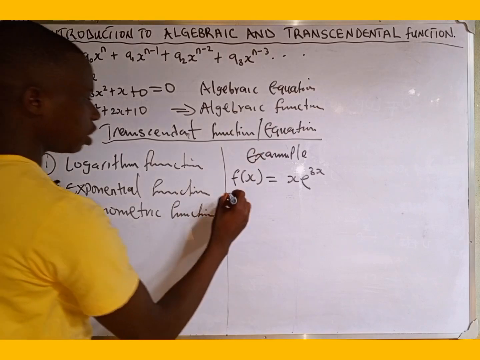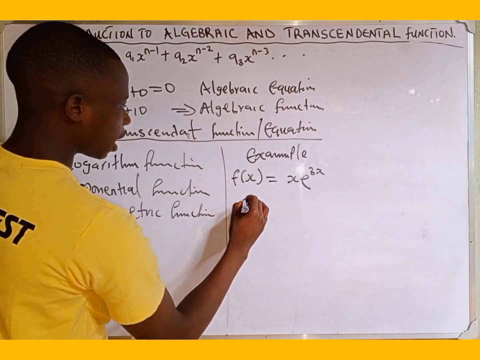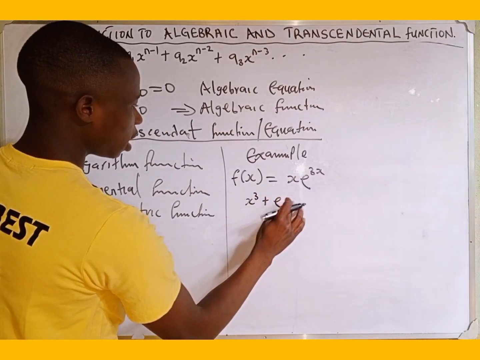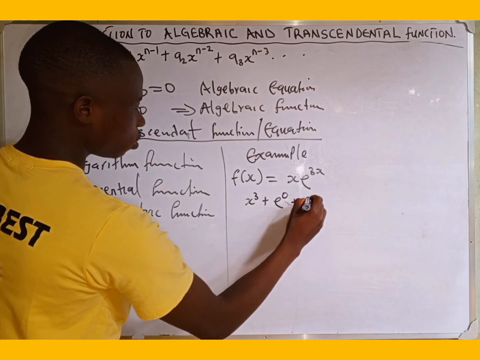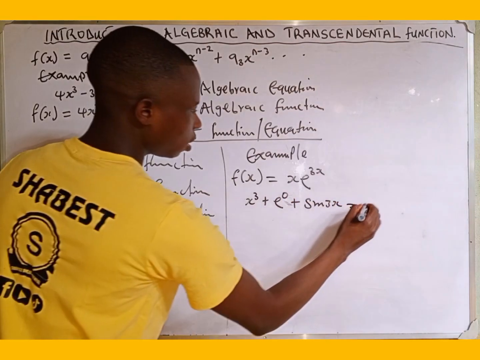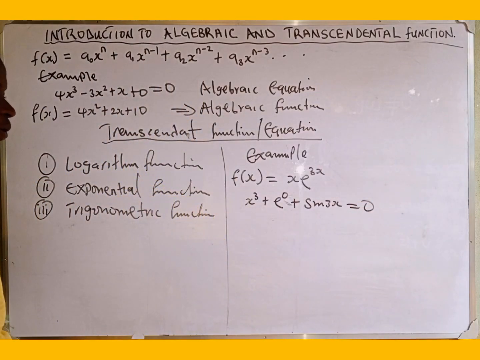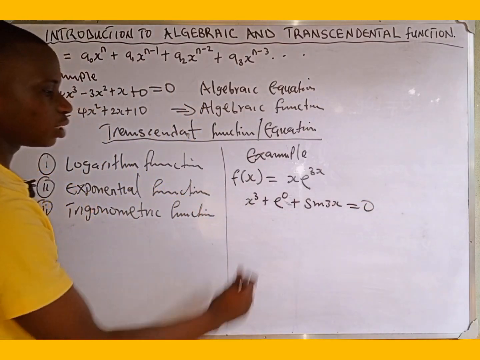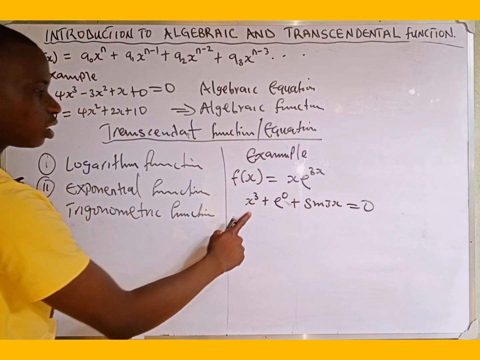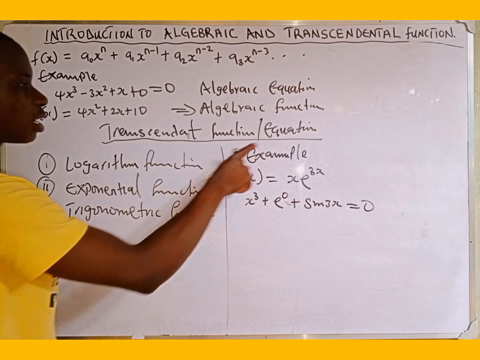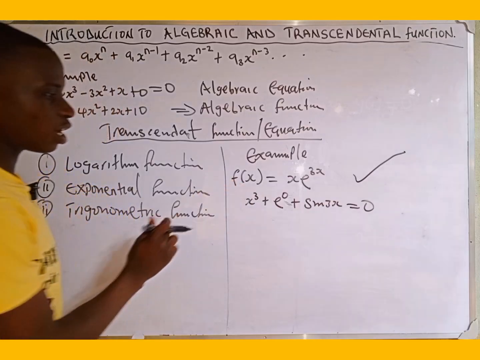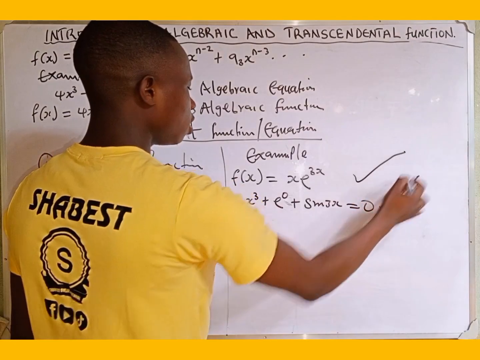If you are given an equation x cubed plus exponential 0 plus sine 3x is equal to 0, if you look at this equation, it contains an exponential function and a trigonometric function. So this equation is said to be a transcendental equation. This is an example of a transcendental function because of this f of x, and this is a transcendental equation.